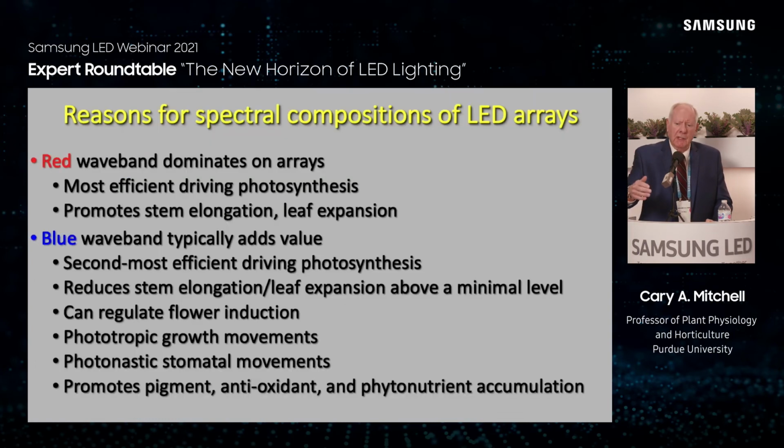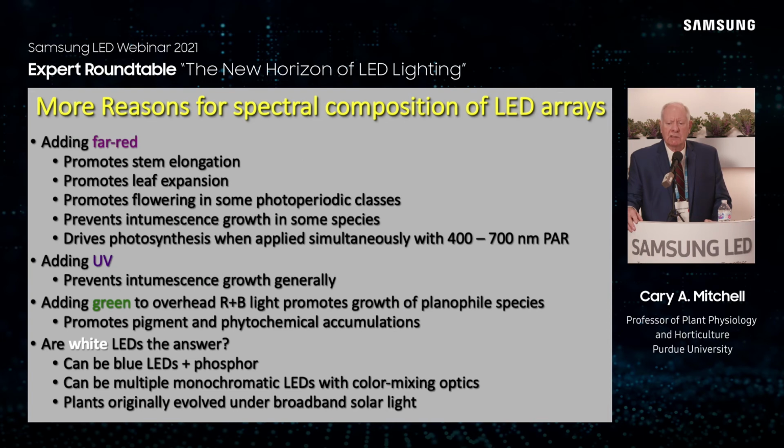Here is a summary of what each waveband does. Red typically dominates on arrays. Blue is very complex. It's the second most efficient in photosynthesis. It does many other things, especially promoting pigment, antioxidant, and phytonutrient accumulations. Adding far red, we know, promotes stem elongation, leaf expansion.